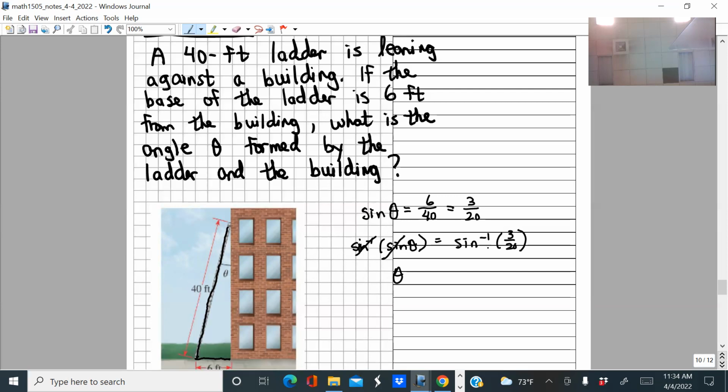Now we just calculate, according to your calculator, the sine inverse of 3/20. And it's something like 8.63? Yeah, in degrees, it's about 8.63. In a practical application like this one, you probably give the answer in degrees, right? That's easier to understand than giving it in radians.